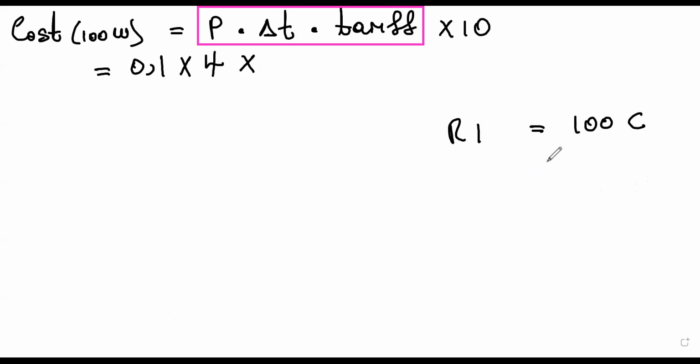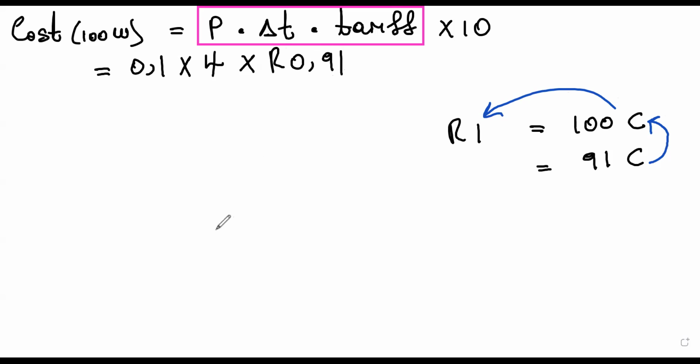Now we want to convert 91 cents to rands. Then how do we do that? We say this one divided by that one multiplied by that one. So you simply go to your calculator and say 91 divided by 100. Then you simply get 0.91 like that. So this is your rands.